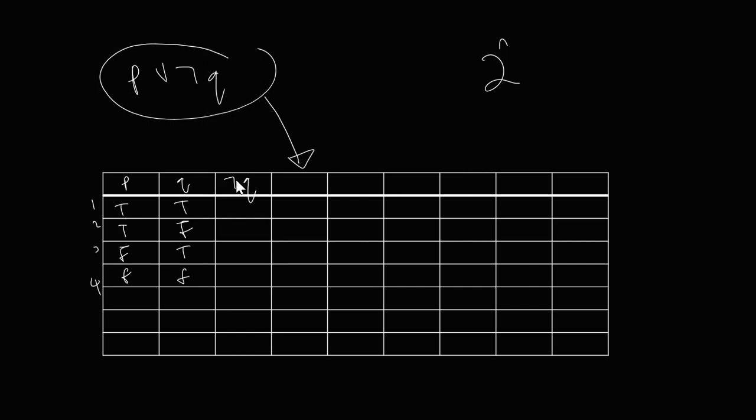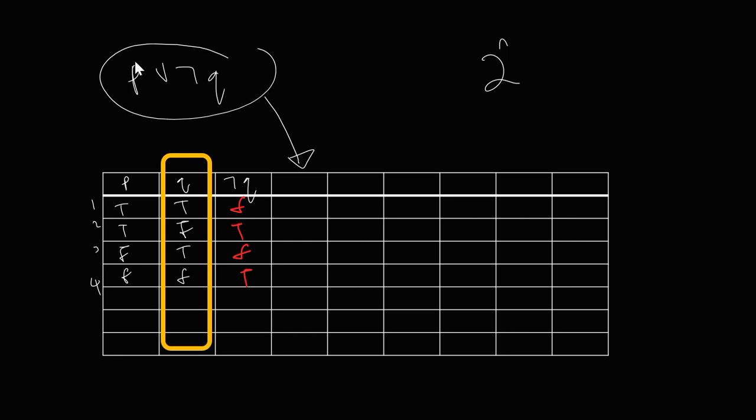So what is not Q? I just circle the table for Q. Not Q is the negation of this. If it's true, then it's going to be false. If it's false, it's going to be true. If it's true, it's going to be false. If it's false, it's going to be true.